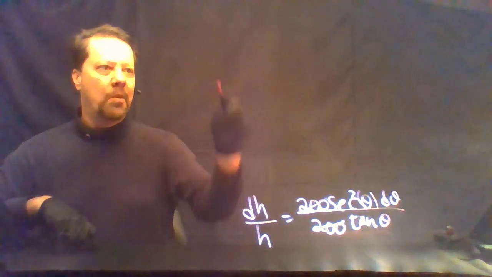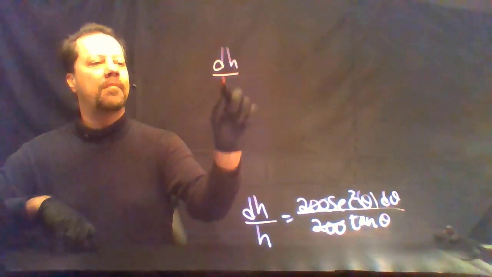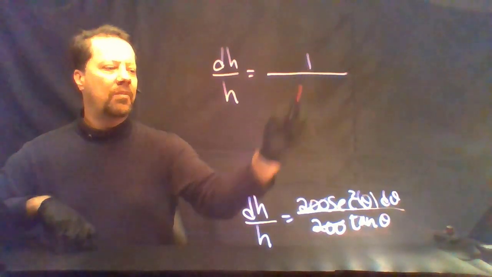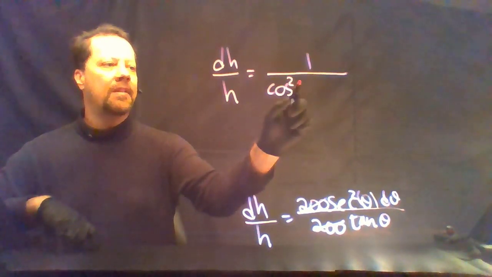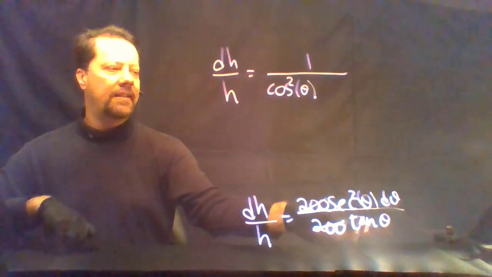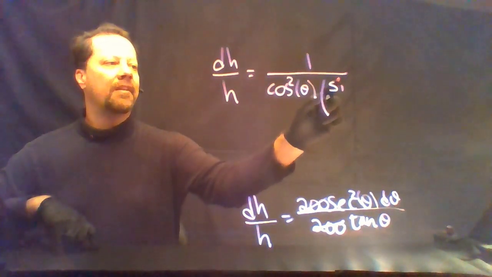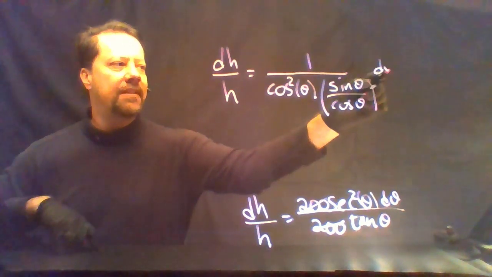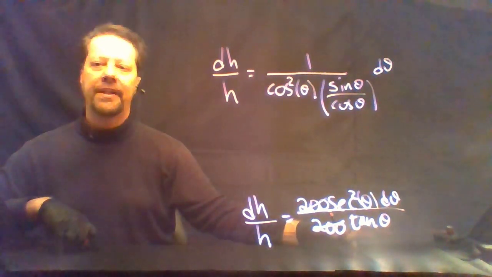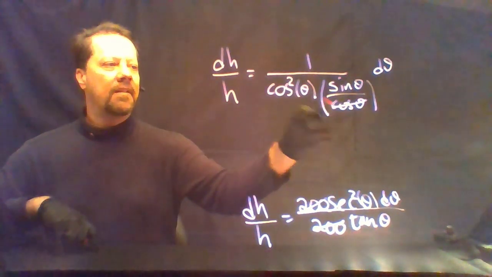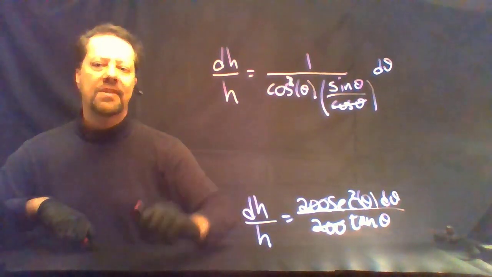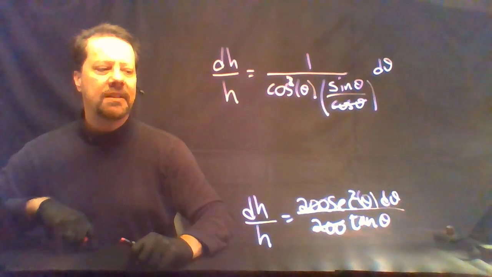Let's play with this a little more. Secant is 1 over cosine, so we'll have cosine squared theta. Tangent is sine theta over cosine theta, and we still have this error in theta over here. One factor of cosine cancels, and we're left with sine theta times cosine theta in the denominator.